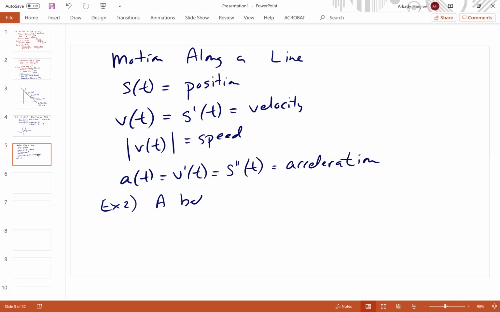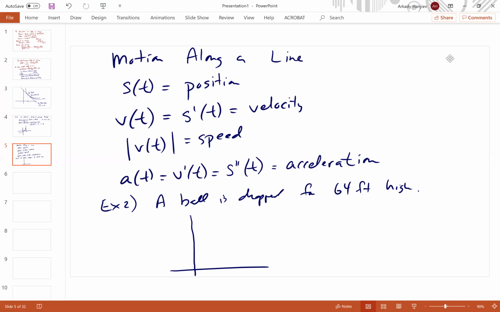A ball is dropped from 64 feet high. After looking at the ball dropping in terms of time, here's what we have.